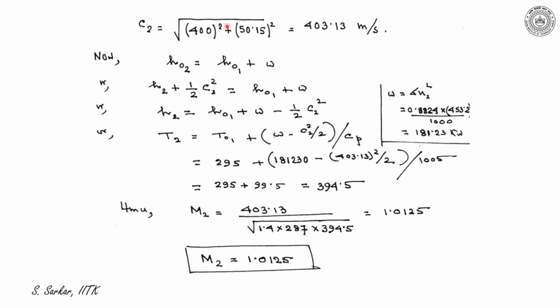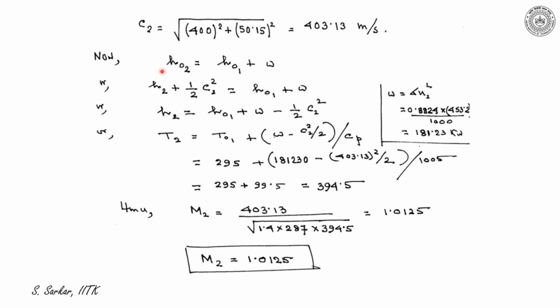Thus it would be root over 400 square plus 50.15 square. So I got the value of C2 as 403.13 meter per second.